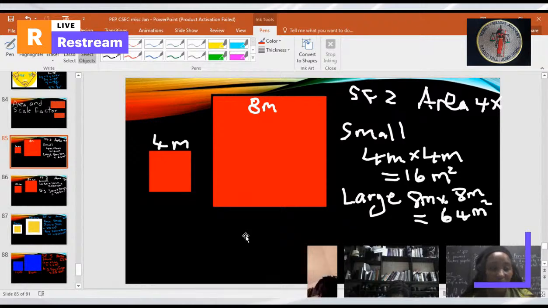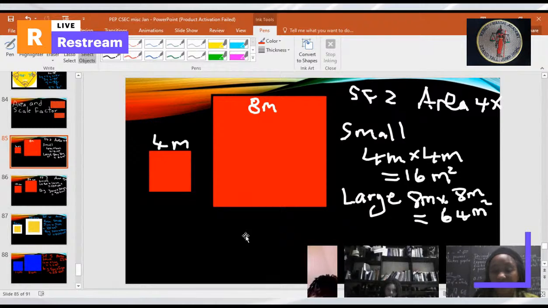And the general or immediate assumption would be that if the length is bigger by 2, then the area should be twice as big. I think that's what most persons would assume. Or if this length is 3 times the other one, the area should be 3 times the other one.